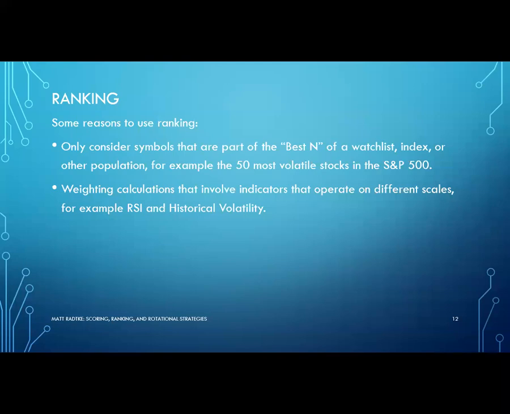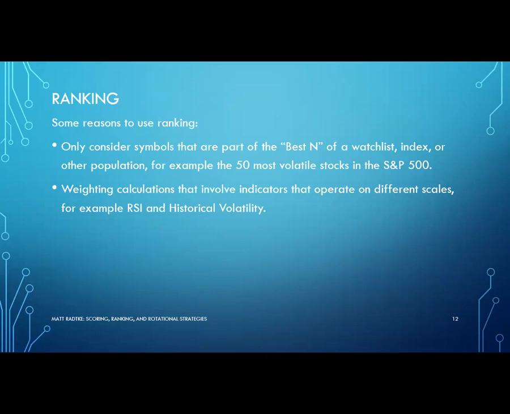Another reason that you might want to use ranking is if you're doing some sort of weighting calculations, especially those that might involve indicators that operate on different scales. So let's say that I want to have some sort of a weight assigned to each one of my symbols.